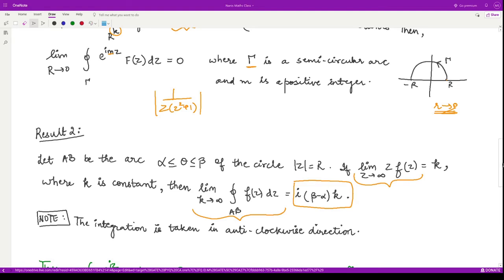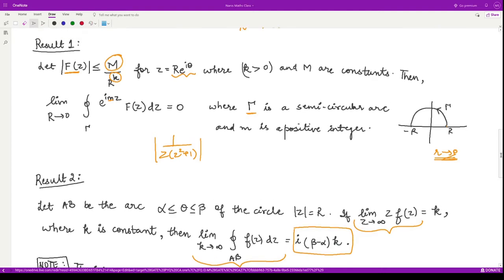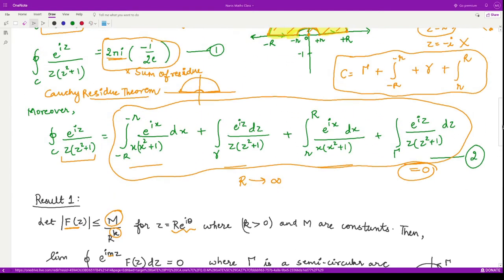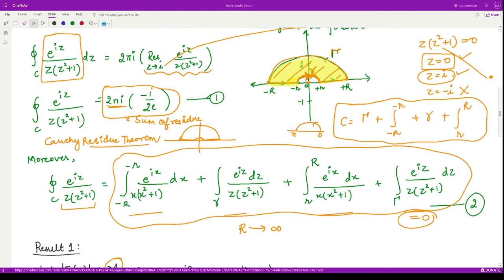So in this particular case, what is gamma? Gamma is defined from this point to this point. So in effect, if you measure the angle, your angle would be from 0 to pi, right? But that angle would be measured in clockwise direction. Here we have gamma defined in the anti-clockwise direction.